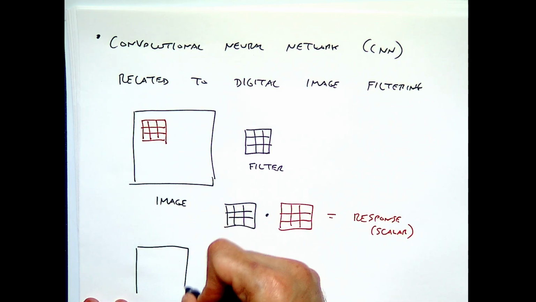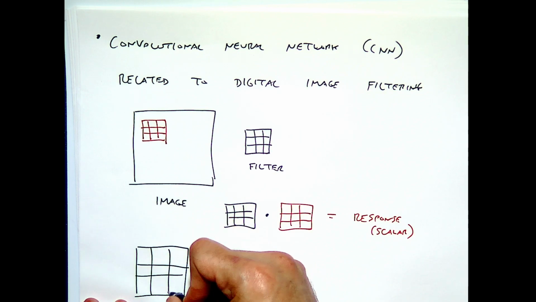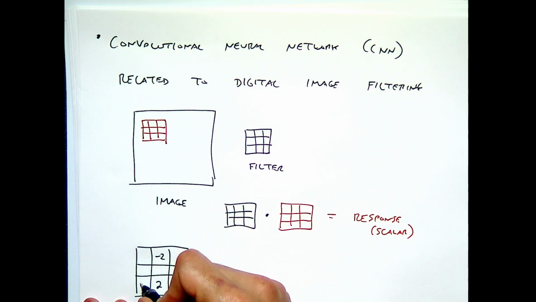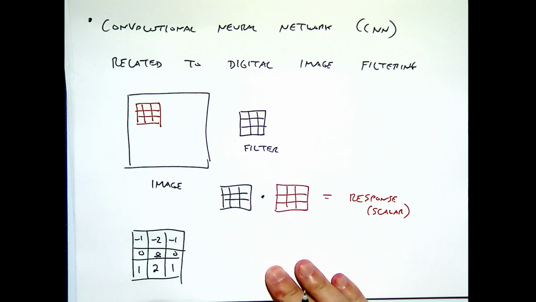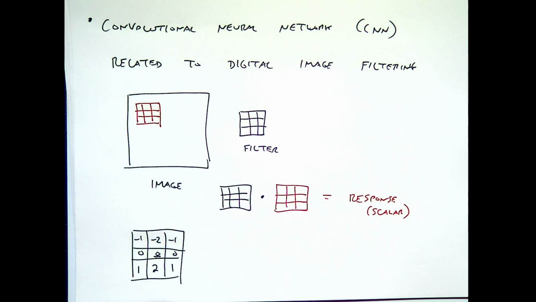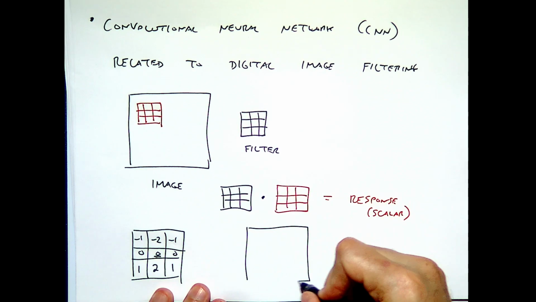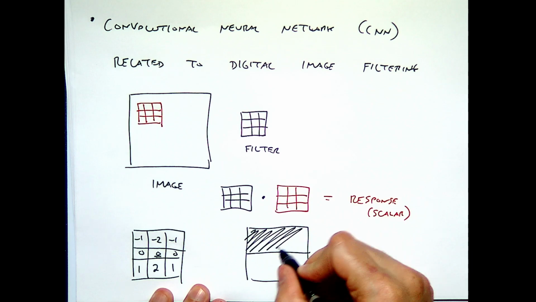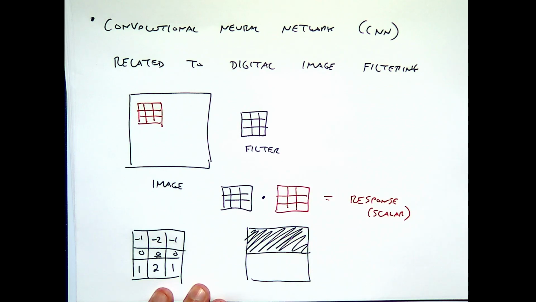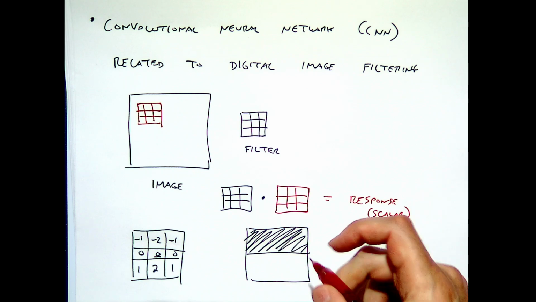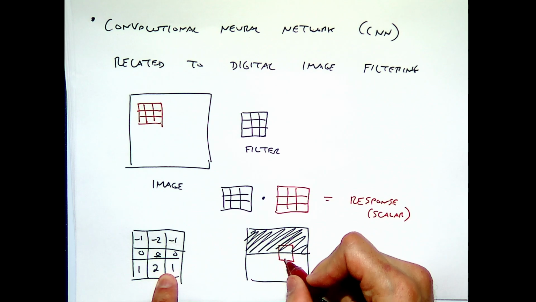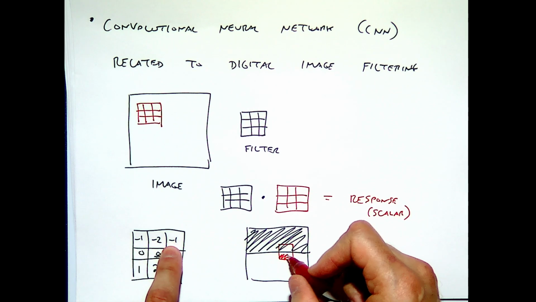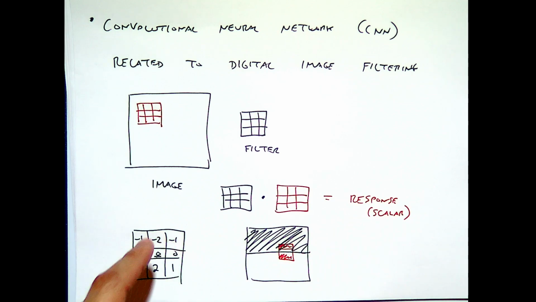One of the first things we do in image processing is talk about filters like this. For example, this is one of what are called the Sobel filters. Think about what happens if I center this filter on top of an image. If I have a strong edge, say the top of the image is black and the bottom is white, then when I put the filter over the boundary, the 1, 2, 1 positive elements hit the white side, and the minus 1, 2, 1 elements hit the black side, so I get a big positive number.